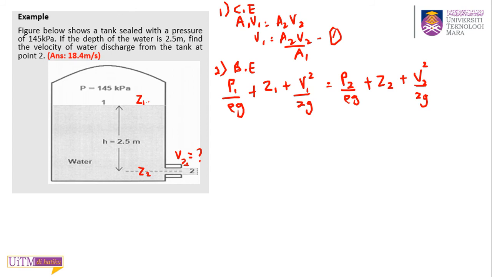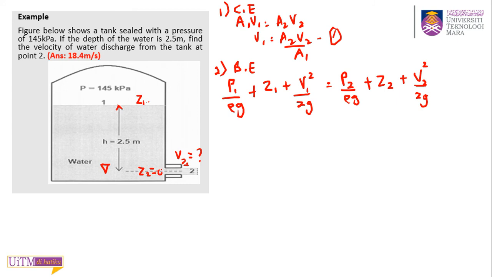Okay, first, Z we cannot cancel out because Z1 and Z2 are different. Remember Z is elevation, height. If the heights of both points are the same, then you can cancel out. But in this case, Z1 is 2.5 meter, and if you take Z2 as your reference point, then Z2 is 0.